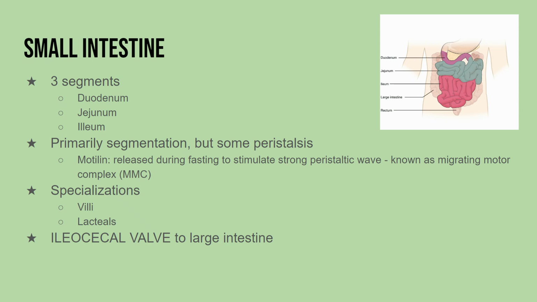Motilin is released during fasting to stimulate a strong peristaltic wave, known as the migrating motor complex. There are villi and lacteals here, and at the end, the ileocecal valve leads to the large intestine.